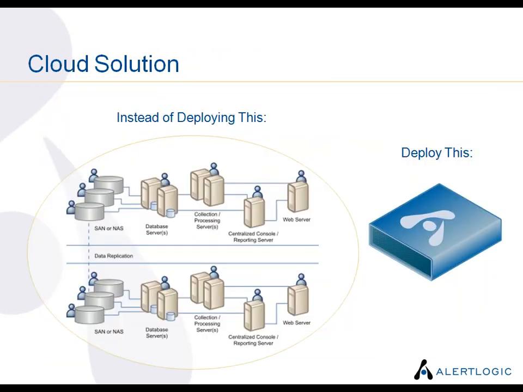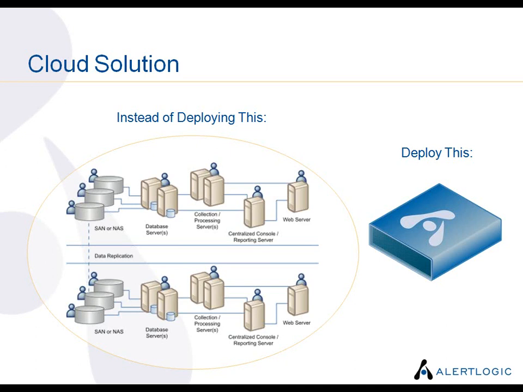So a little bit about the cloud solution and what this looks like. Instead of deploying the infrastructure you would need to effectively do log management, which means web servers and storage devices, and because you have to store this log data in databases and collection servers, as Randy mentioned, all you have to do is deploy this collection device.